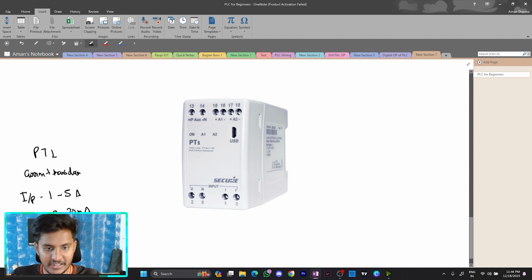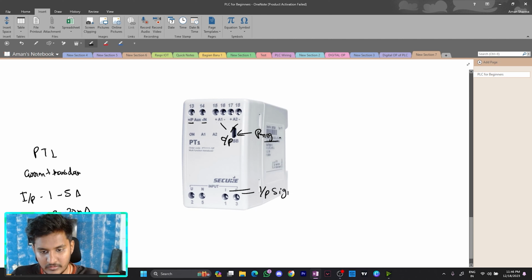So this is basically a current transducer, and this is our input, auxiliary, plus minus. These are our outputs. This USB is for programming. You can program the transducer. These are your input signals. You can put the input signals here.